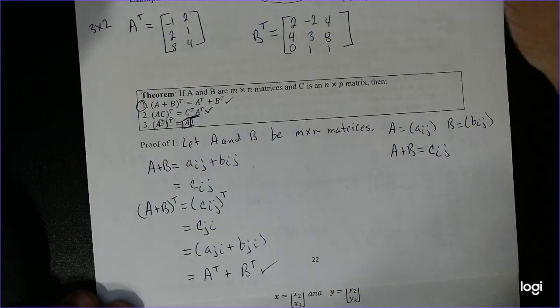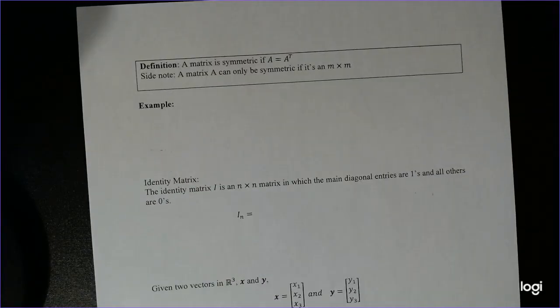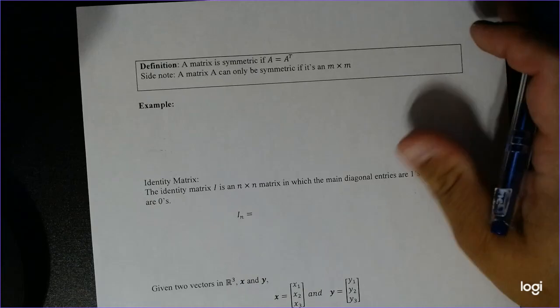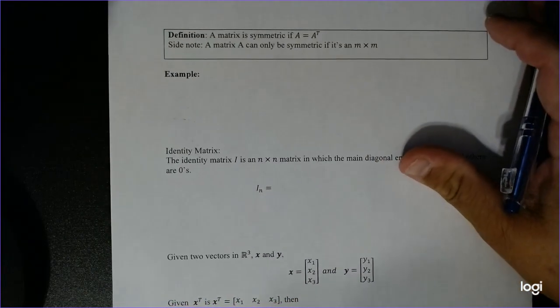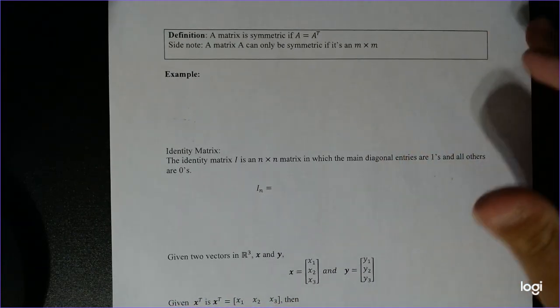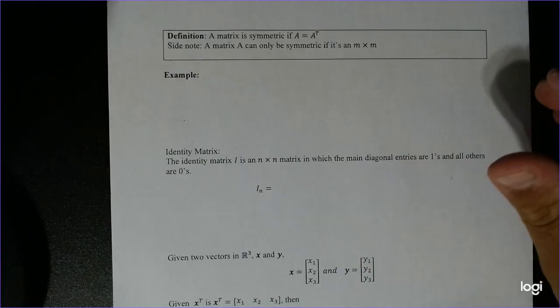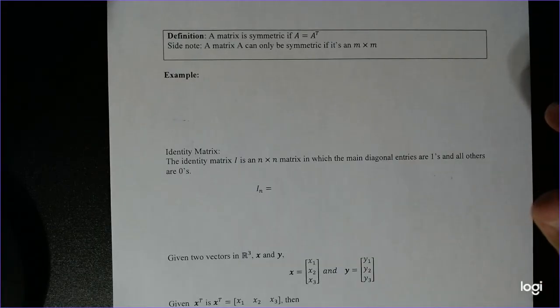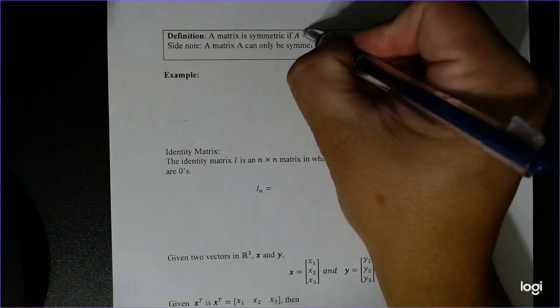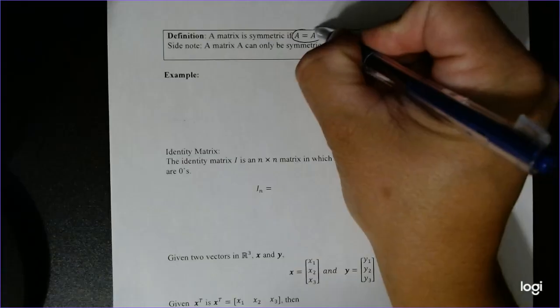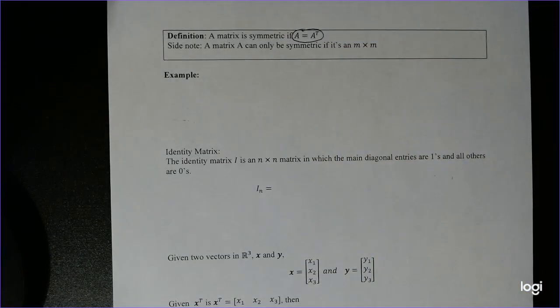Okay. All right. So we did a lot of work, a lot of proofs. Let's go now to actual applications, shall we? We're done with the proofs for a while. So, the first definition here is that a matrix is symmetric if A equals its transpose. That's what's called a symmetric matrix.